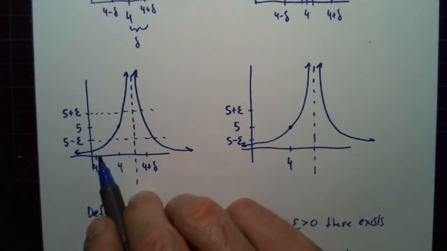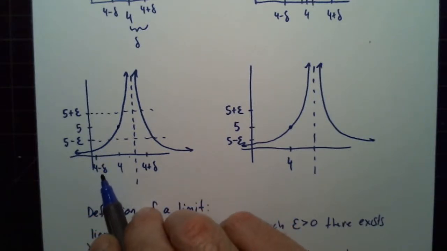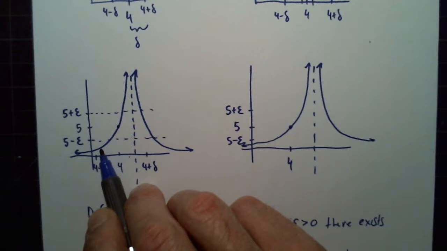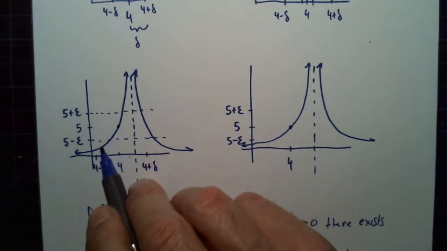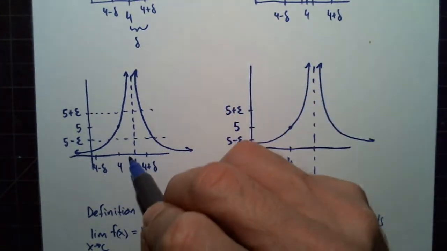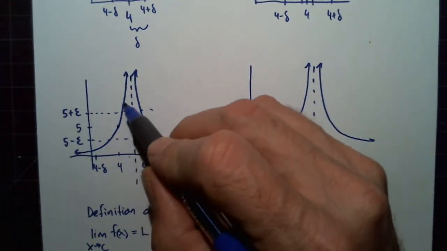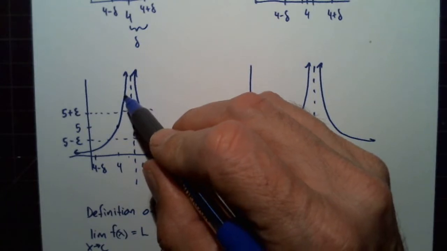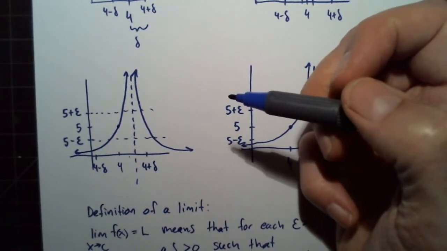Right here there's an x value within delta of 4 that has a y value beyond epsilon, or not within epsilon of 5. We have to go beyond epsilon. And it also happens in here where we could choose this x value, and that y value would go beyond epsilon, away from 5.